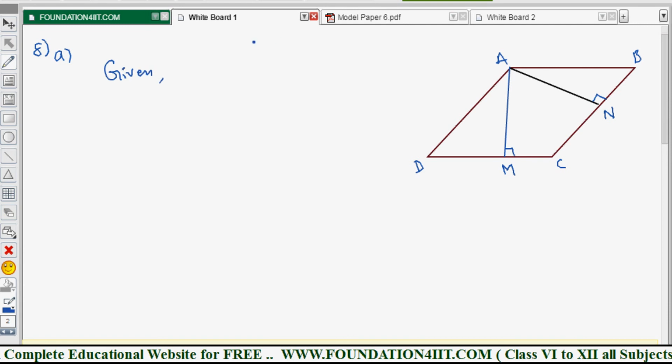The given details: AM is perpendicular to DC, and AN is perpendicular to BC, and AM is 6 centimeters and BC is 10 centimeters. The area of the parallelogram is base into height, that formula will apply. AM is 6 centimeters, this height is given, and BC is 10 centimeters.